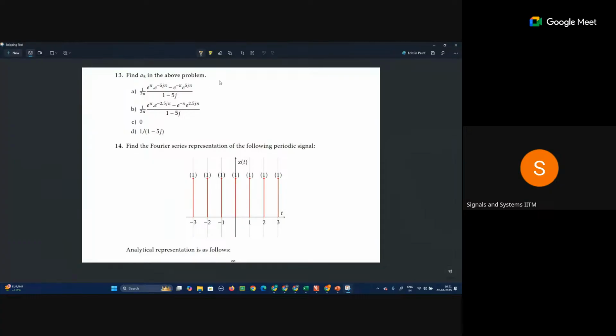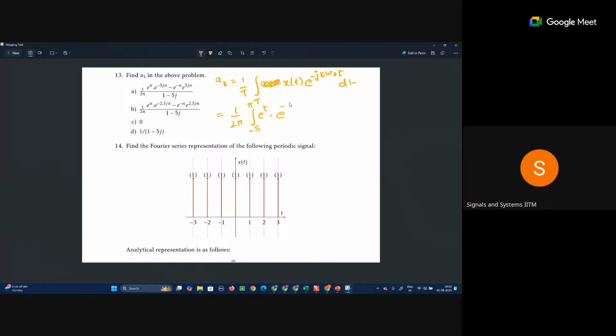So ak is 1 by T integral in the range of T of x of t e power minus jk omega naught t dt. T is 2 pi, and here it will be taken from minus pi to pi of e power t. I mean the same question, x of t is e power t, periodic from minus pi to pi.